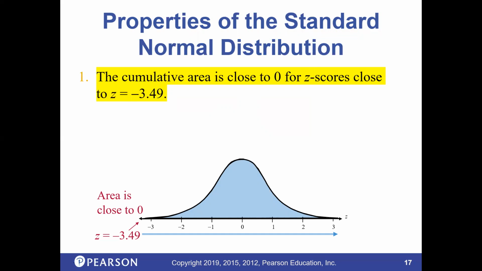It means the area up to the z number. What's the area less than a z-score of -3.49? We say pretty much it's just 0. Once you go beyond a z-score of -3.5, there's not much area left.